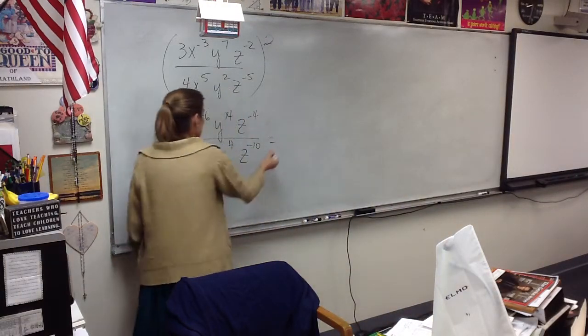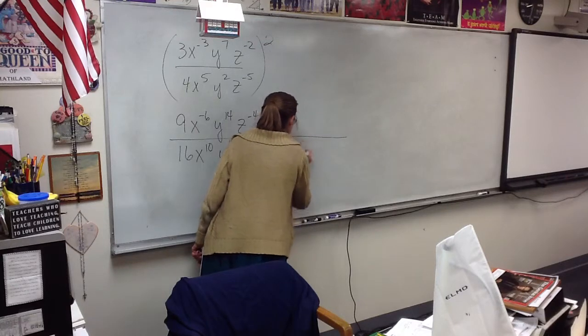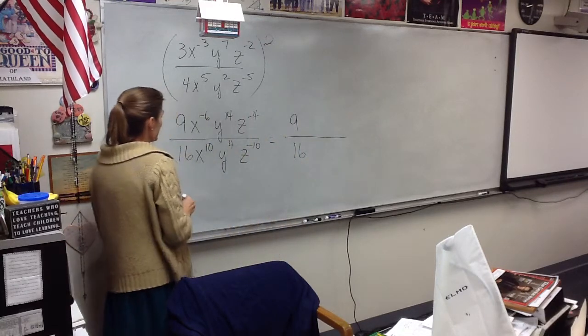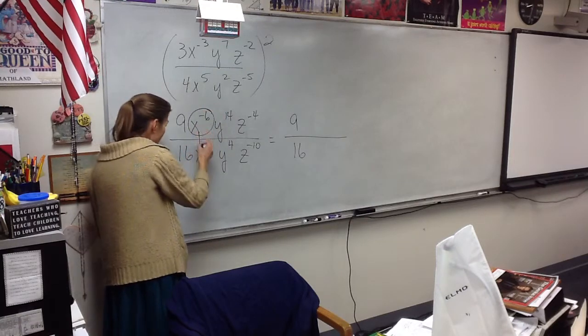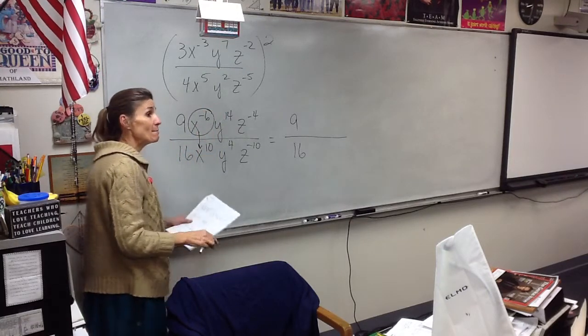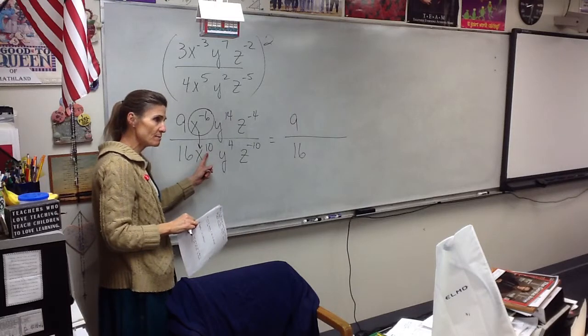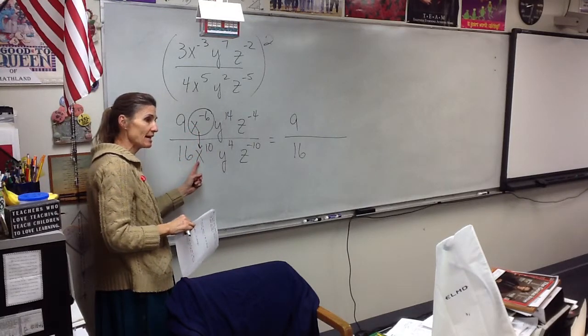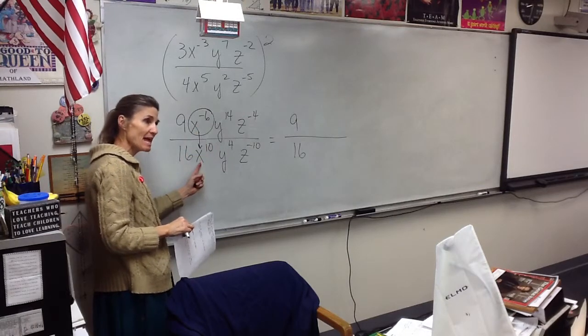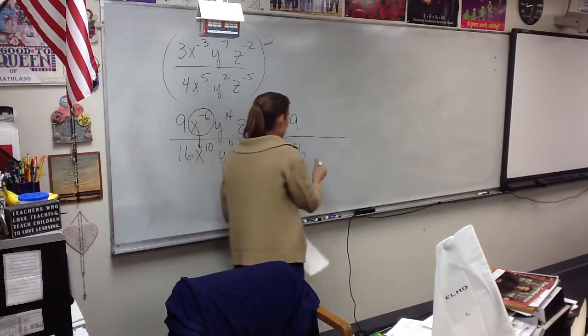So here we go. The 9 and the 16 do not move. See this guy? He's going down. But wait a minute, there's already 10 of them down there. So what happens when I drop these 6 on top of this 10? I'm going to have 16 of them down there.